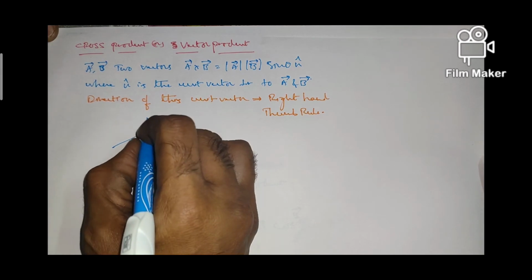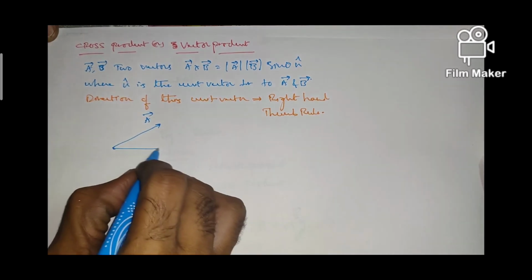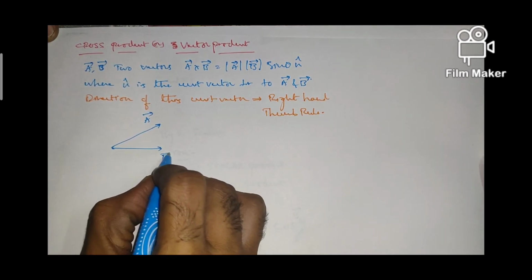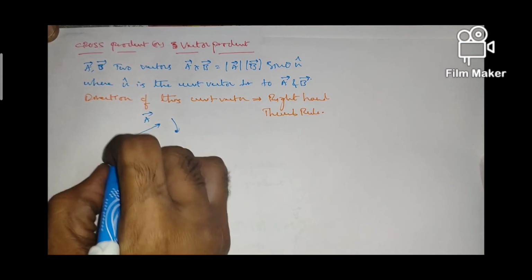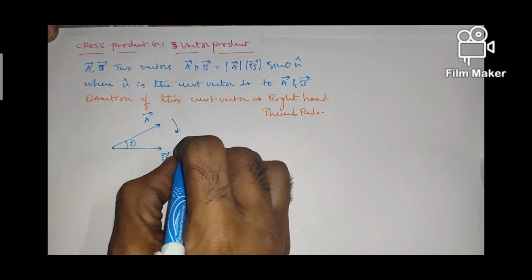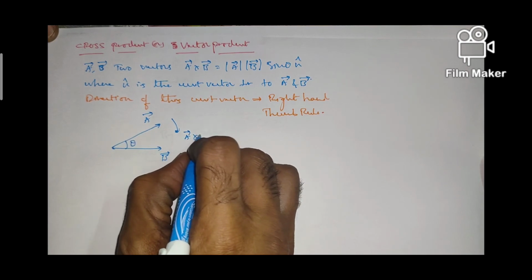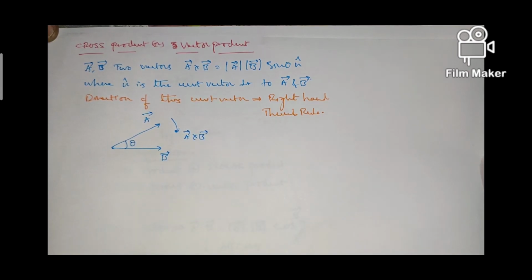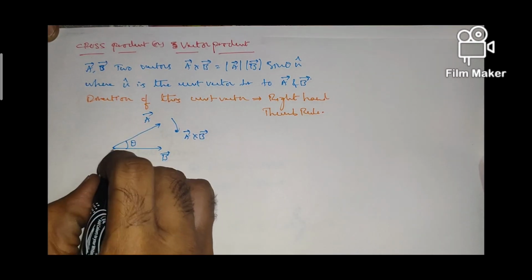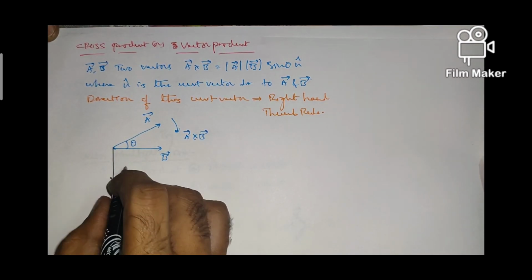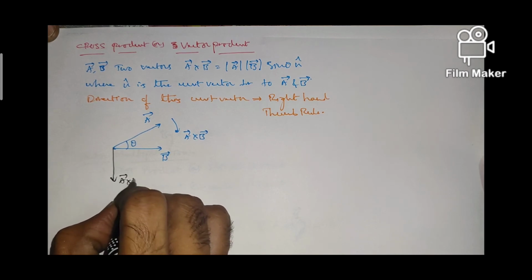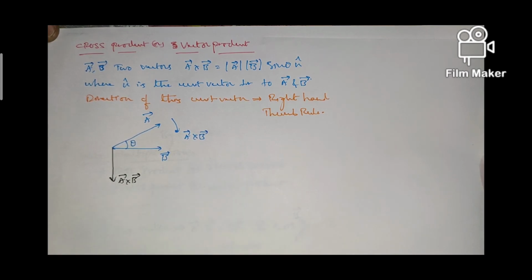Let us consider first, this is A bar and this is B bar, and we consider here A bar cross B bar. So if you curl the fingers in that direction, the thumb will be pointed downwards and hence the resultant will be in downward direction, that is A bar cross B bar.